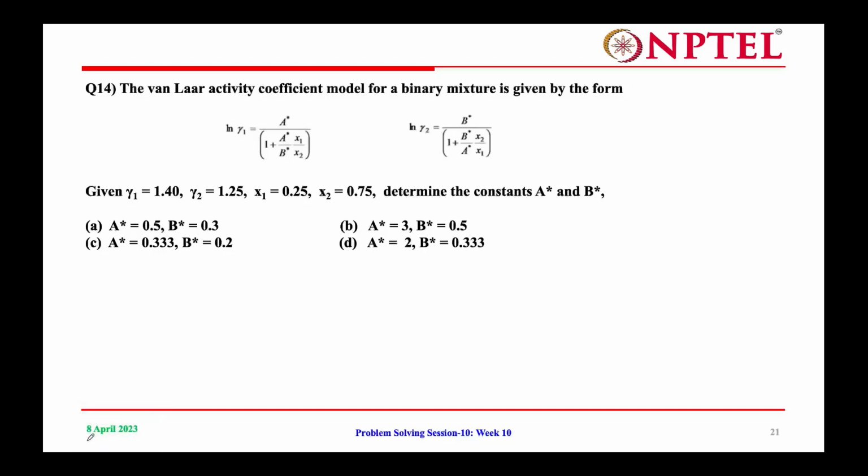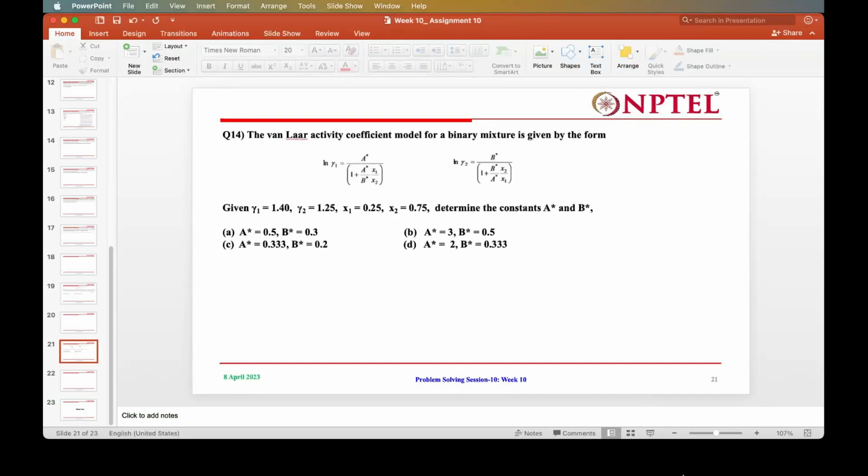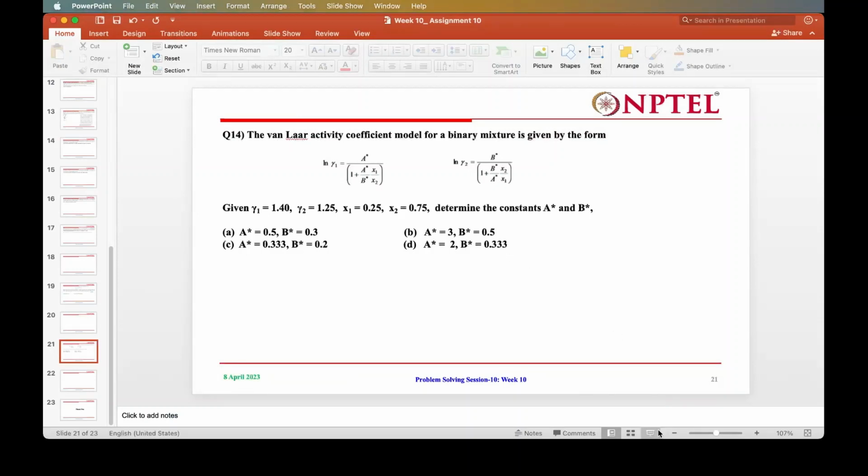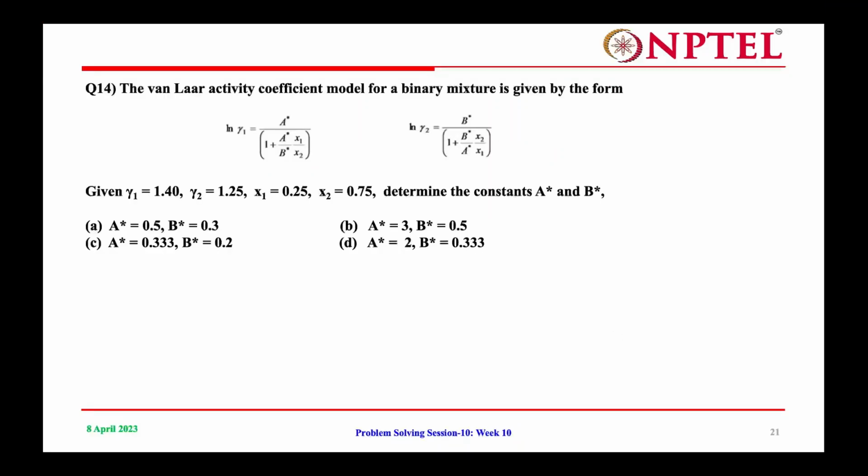Question number 14. The Van Laar activity coefficient model for the binary mixture is given by the form. Here gamma 1 is 1.40, gamma 2 is 1.25, x1 is 0.25, x2 is 0.75.